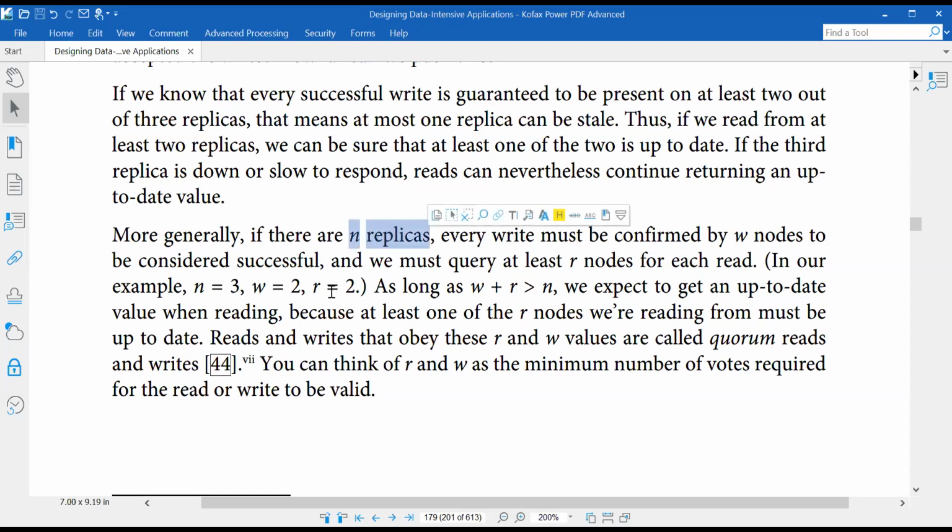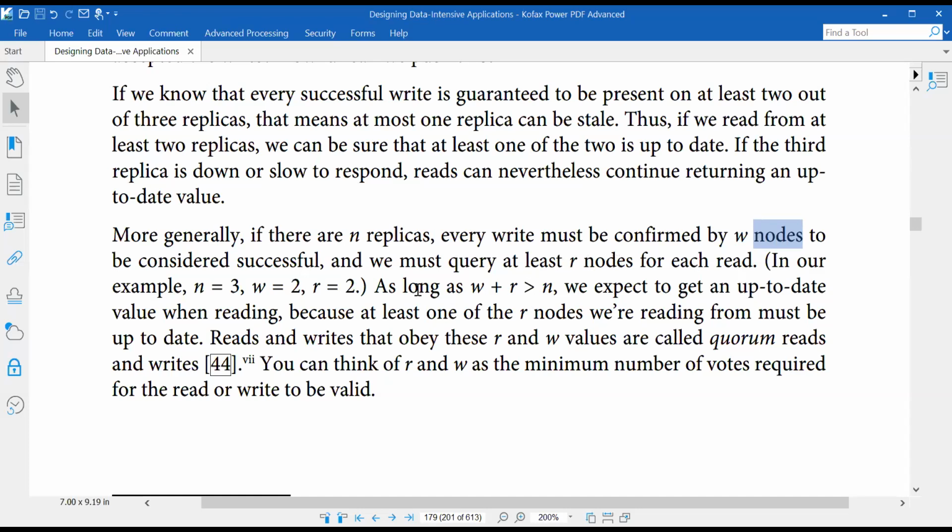W is equal to 2, the nodes that must confirm the write. Then R is 2: we must query at least R nodes for each read, so it was at least 2.